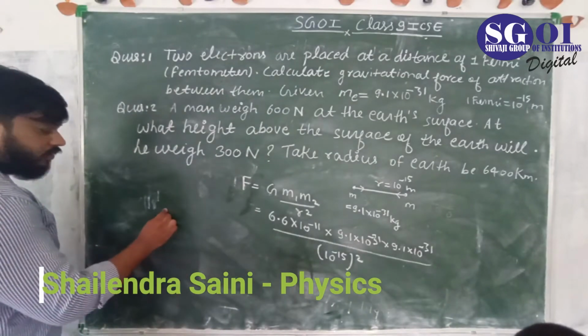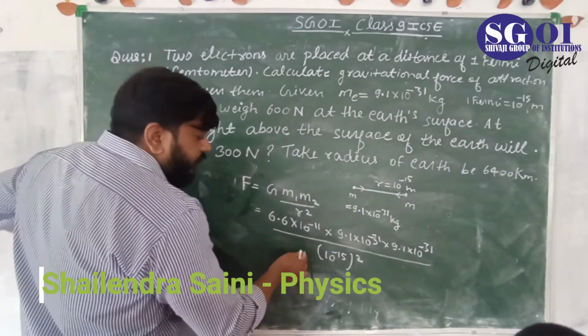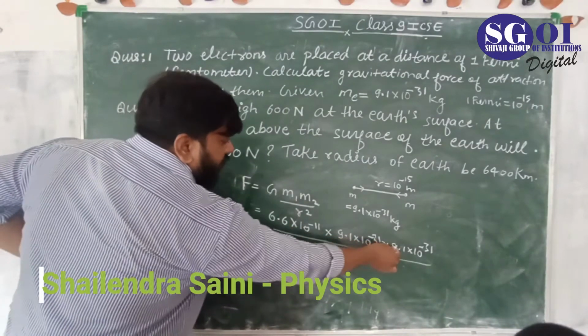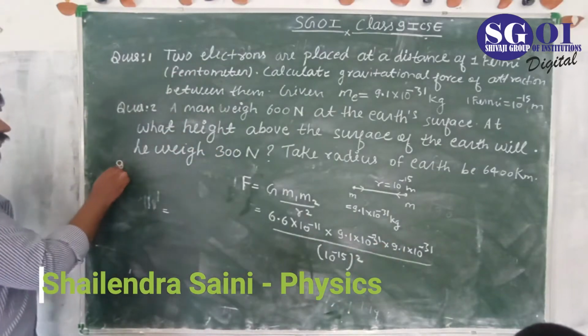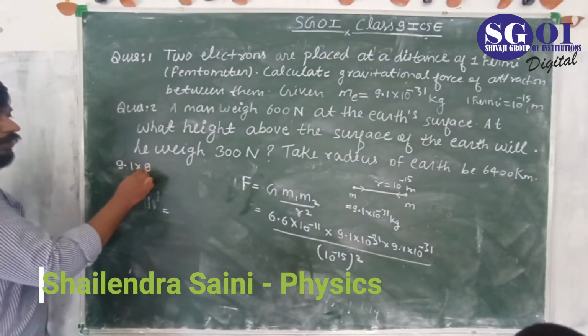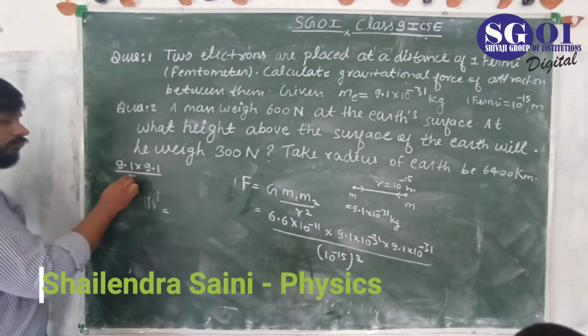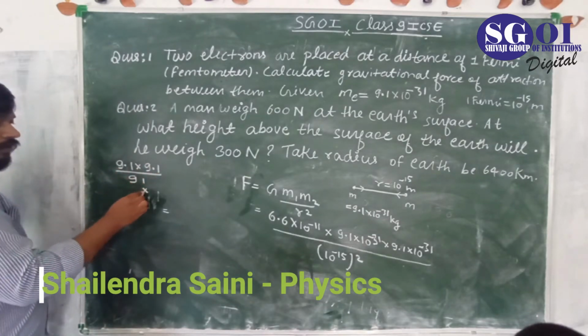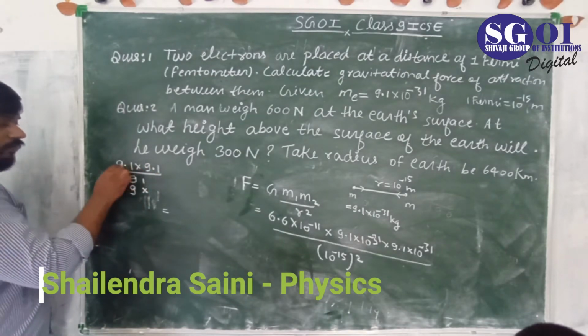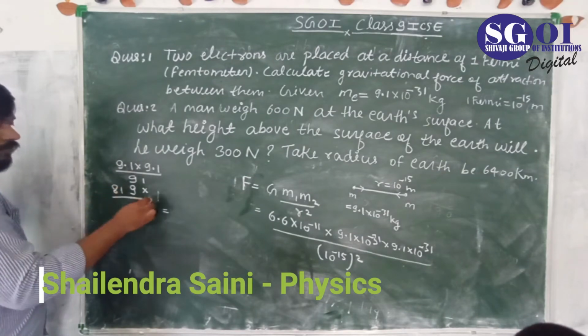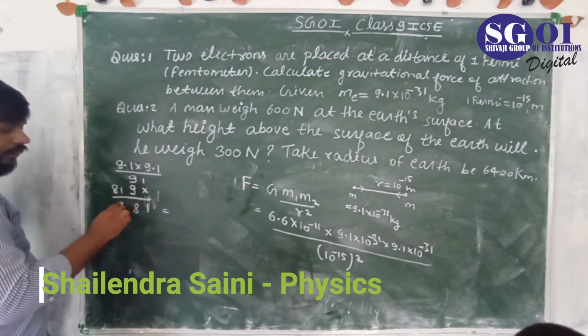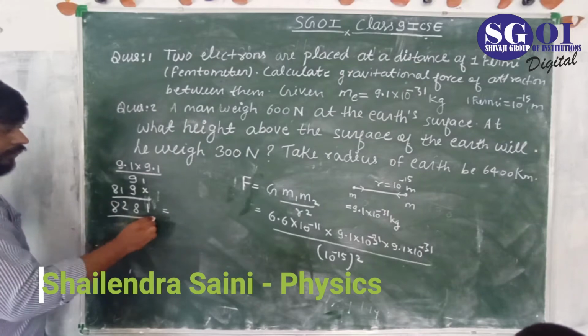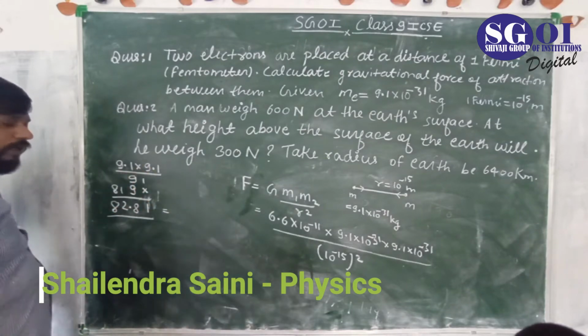Let's solve this value. First of all, 6.6, 9.1 and 9.1. Just multiply 9.1 into 9.1, which is 82.81, about 82.8.